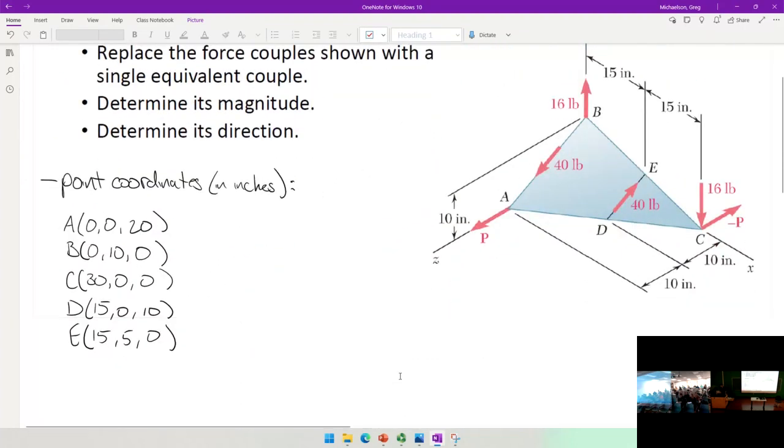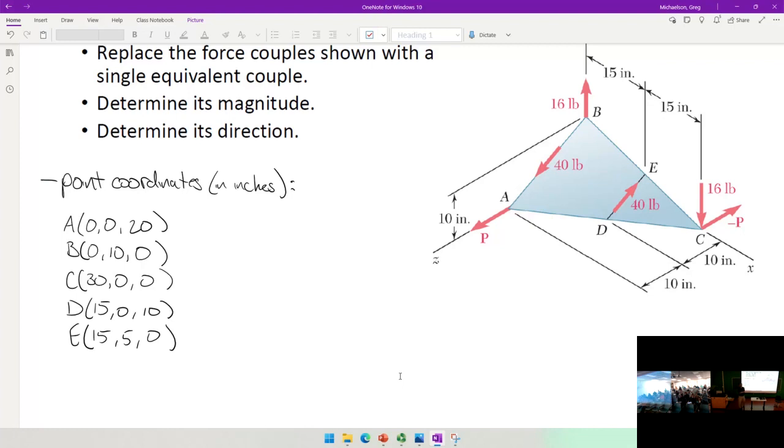Okay. So what we're going to do is handle these force couples one at a time. I'm going to start off with this 16-pound force vector, and I want to see if there are two ways of computing this force couple.